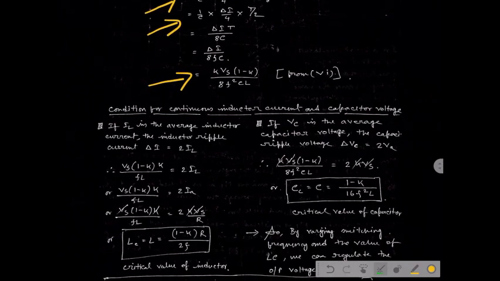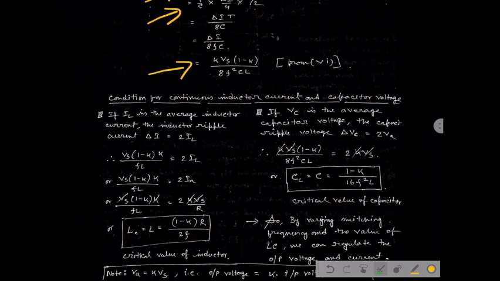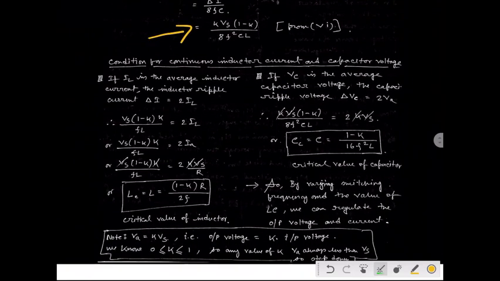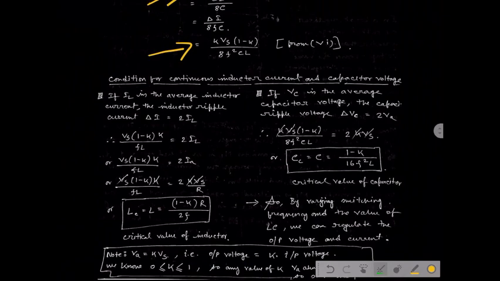Now the condition for the inductor current and the capacitor voltage, that means for designing the inductor and capacitor: what will be the critical value of the inductor and the capacitor that should be chosen during designing for industrial applications.